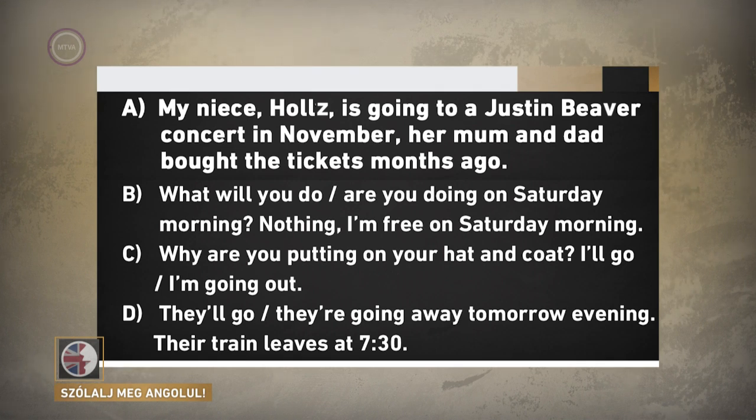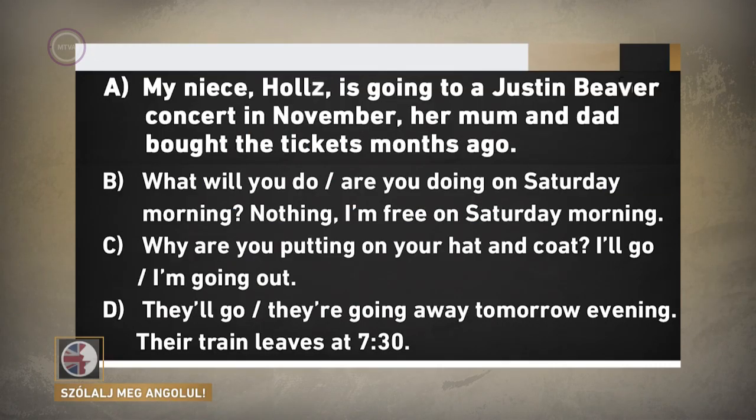Great. Now, what about the next sentence? Well, the question is asking about the future, but which form of the future do we have to use? Well, the question is asking about plans for the future. Someone is asking us what we are planning to do. And if there's a plan involved, then which form do we use? That's right.